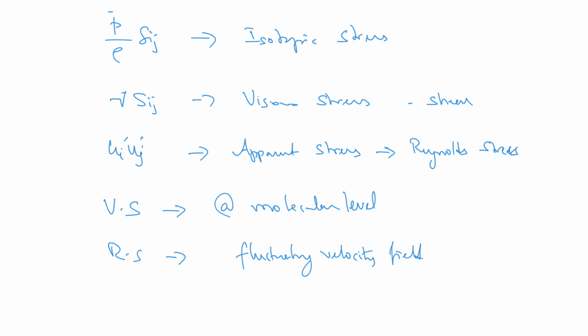So if the momentum transfer happens by the fluctuating velocity field, which means u', v', w', we call it Reynolds stresses. If the momentum transfer happens at the molecular level, by random molecular motion, we call it viscous stresses. These stresses are most of the time resistive to the fluid flow, which we need to note. So viscous stresses can dissipate and produce heat. That also we should note.